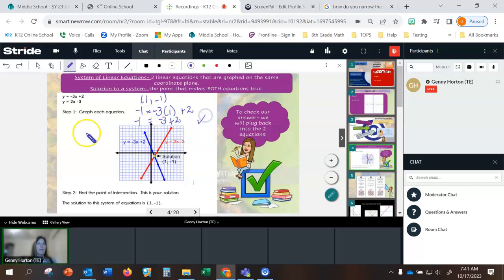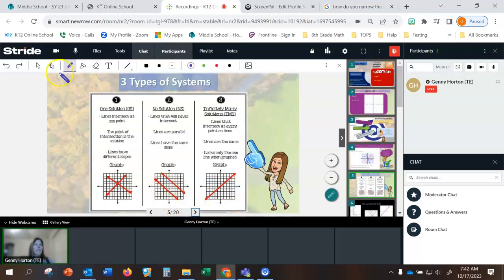That is absolutely true. If you do the other one, the y value is -1, x value is 1. Oh, it's -3, not +3. All right, so -3. And so that simplifies to 2 minus 3, which is correct. So just a real quick check there.